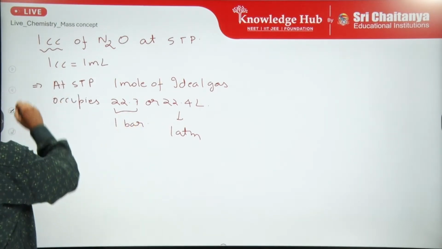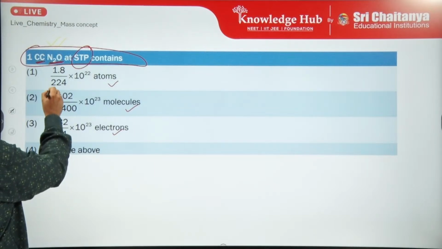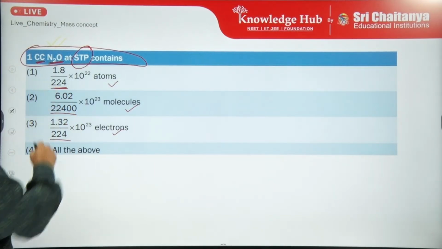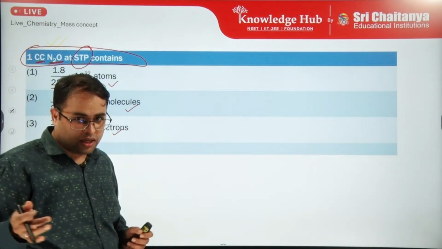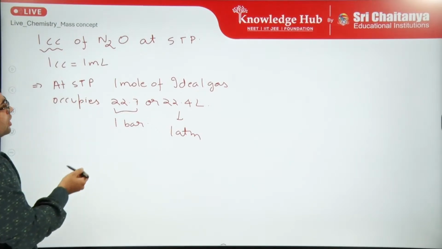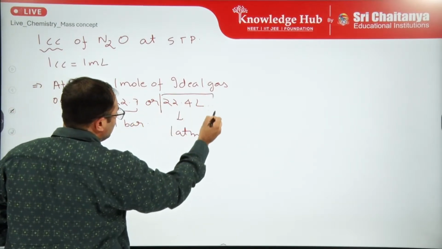Now, in the question you can see that 22.4 is given. This you can clearly see in the question. So, just as a precaution I am going to take this value.